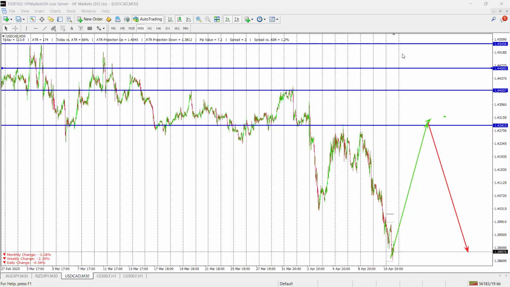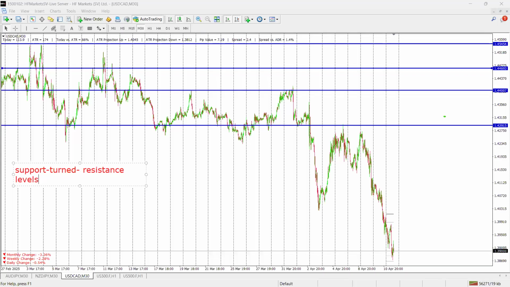Well, absolutely not. Because there's also something you need to note that in the market, there's also another concept called support turned resistance levels and resistance turned support levels.